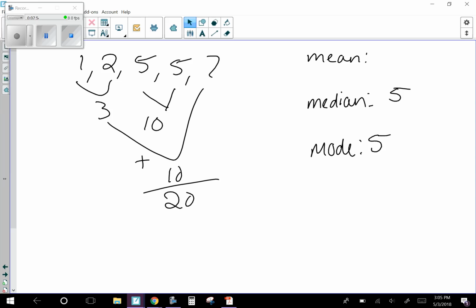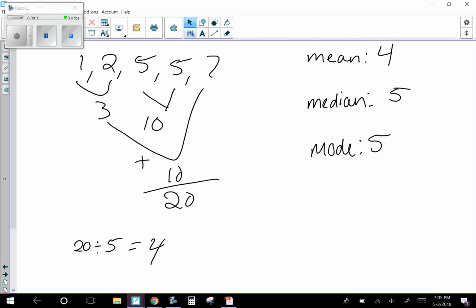Well, I used that 20 for my data. So 20 divided by 5, because I have 5 different sets of numbers there. 20 divided by 5 is 4. So my mean would be 4.